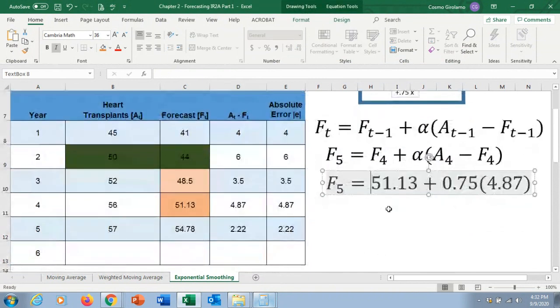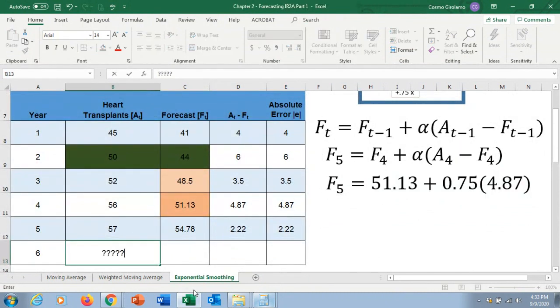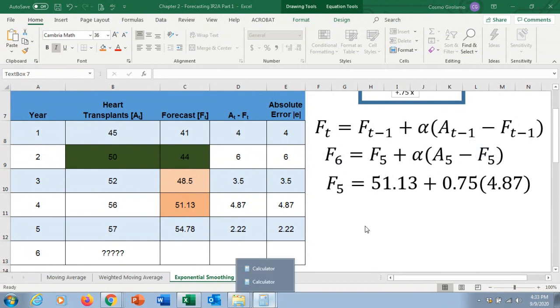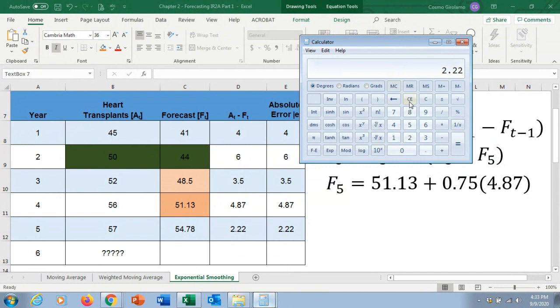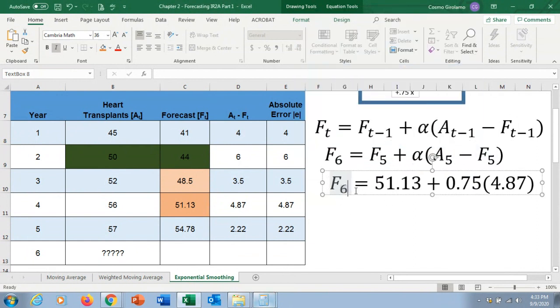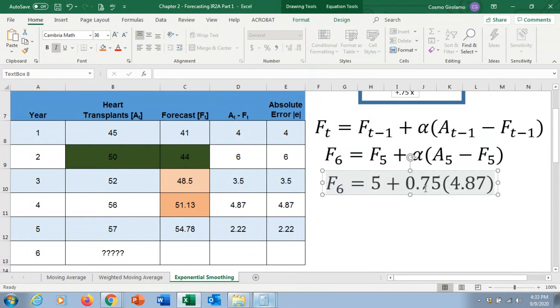And the last one that we finally need to forecast, because we don't have it, is to figure out what happened in F6. So to forecast F6, I'm going to start with what I forecasted in F5 and then take the error in the 5th time frame. So let's put in the numbers here: 54.78, 0.75, and then 2.22.